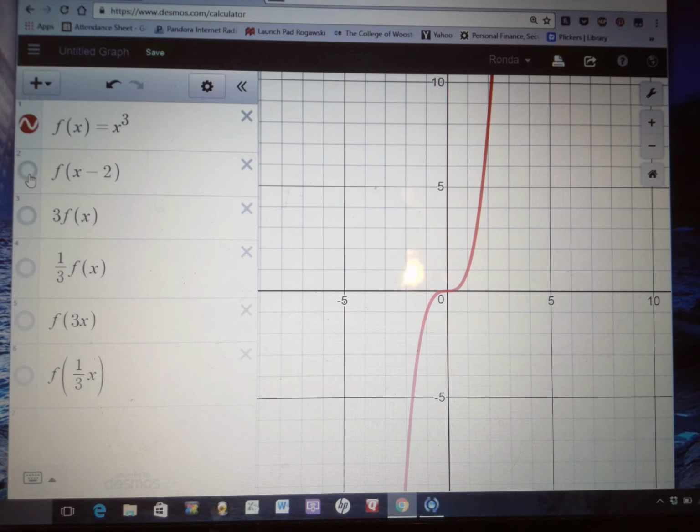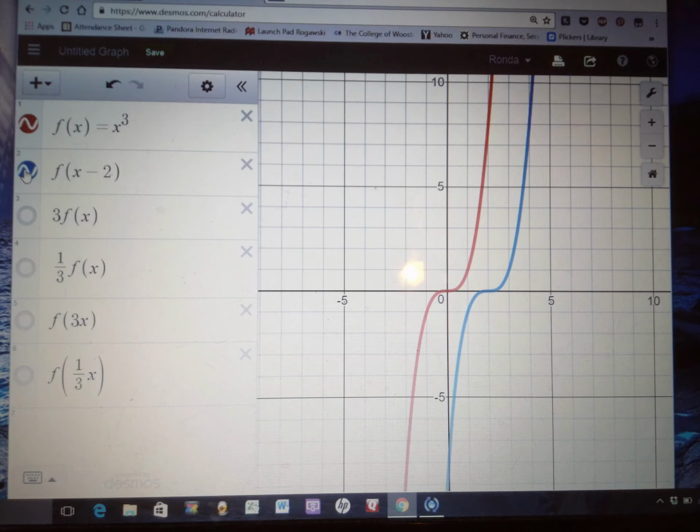Well, I can just put that in there like this. And when I graph it, as long as I've already defined f up above, which is this red one, then f of x minus 2 just chooses your f function and then does the transformation. So this would be the graph of x minus 2 quantity cubed. That's what I do with the f of x minus 2. So I just wanted to show you that.